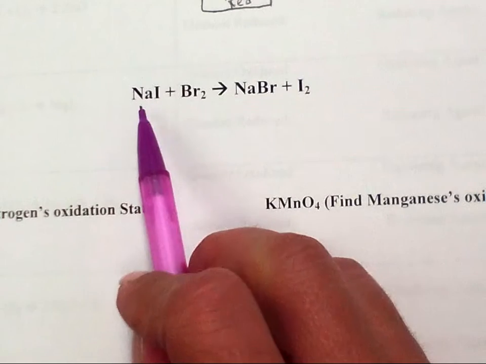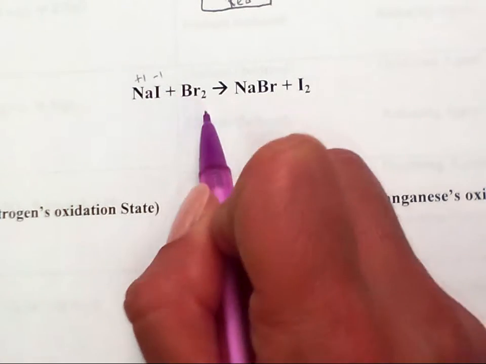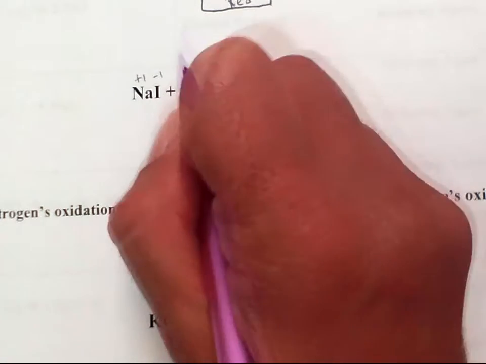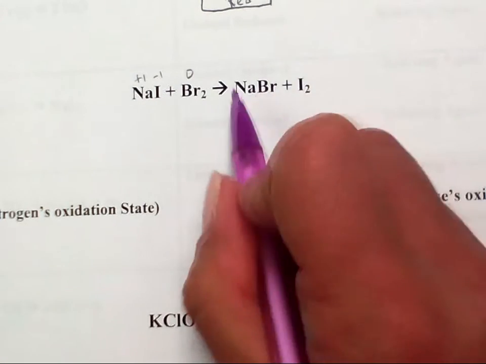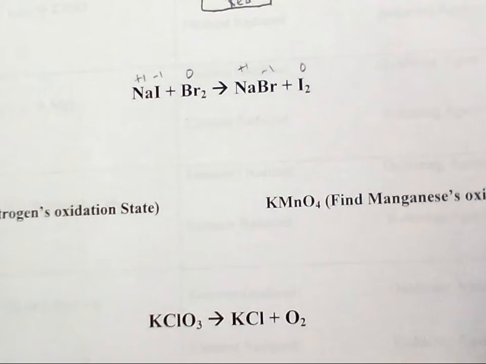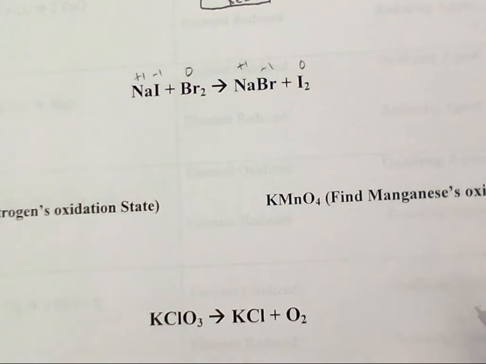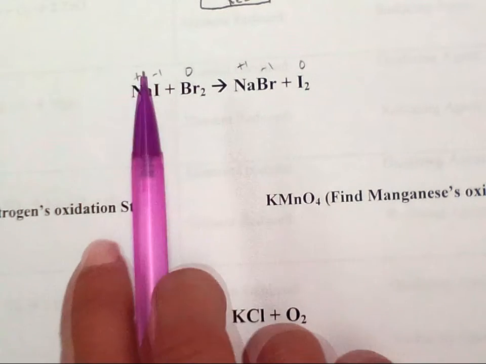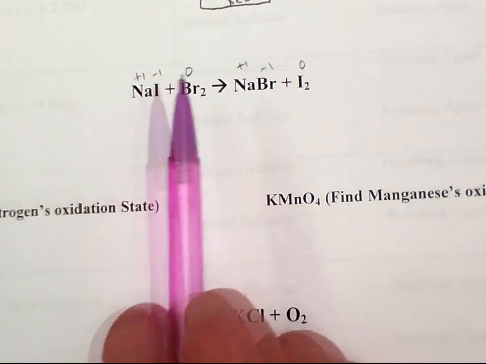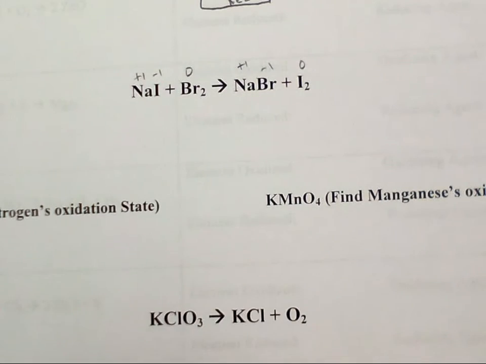We have sodium, which has a +1 charge, iodine -1, bromine, no charge at all. Here, this is an ionic bond, so they have +1, -1, no charge at all, because it is not an ionic bond. So now I want you to realize we are not comparing sodium to sodium. It's the same charge on both sides, so nothing has changed.